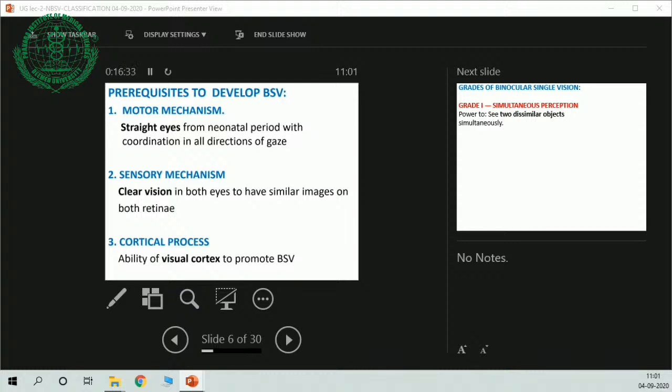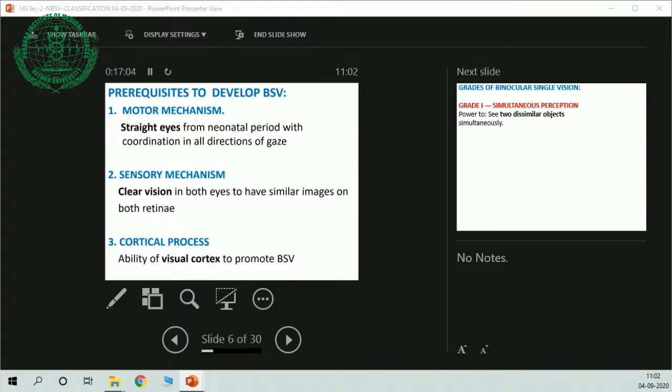At that time the foveas of the left eye and the right eye will not have the same image because the eye gets deviated. The fovea will go away because the eye has come inward. So these things are very important. Motor mechanism has to be perfect, that's all. To achieve foveo-foveal fixation, this motor mechanism is very, very important.